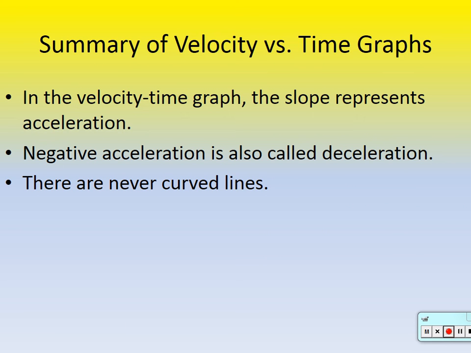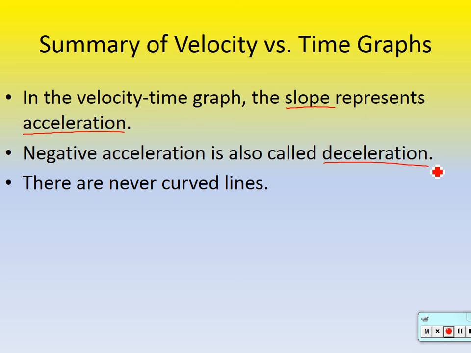Okay, so here's a summary of the velocity time graphs. This is what we talked about in this video. In the velocity time graph, the slope represents what, guys? Slope represents acceleration. Negative acceleration is also called what? Deceleration.